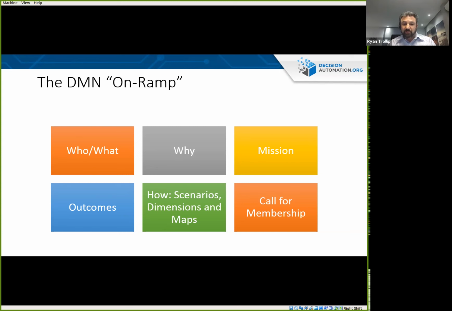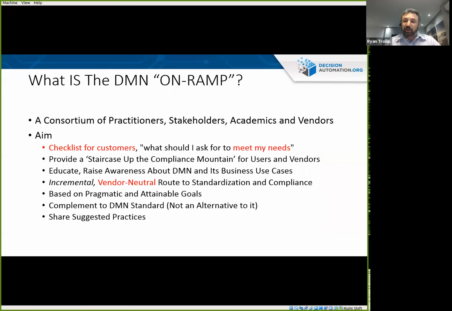So I'm going to just get straight to the point and talk about what is the on-ramp? And then we can zoom out and talk about everything around it. But what are we trying to do here? We're seeing a lot of traction with DMN in the market, but there's also a lot of confusion, and there's problems, and we'll talk about exactly what those challenges are with DMN and DMN adoption.